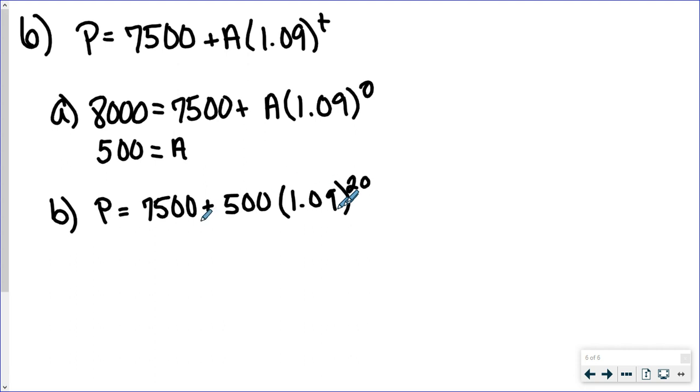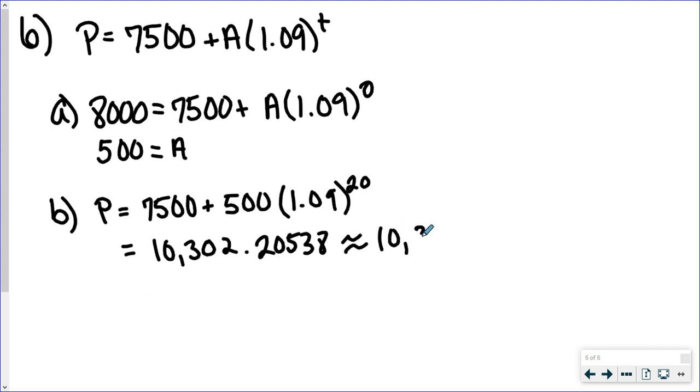You plug that into your calculator, and we get 10,302.20538. If you wanted to do this to 3 sig figs, 10,300.